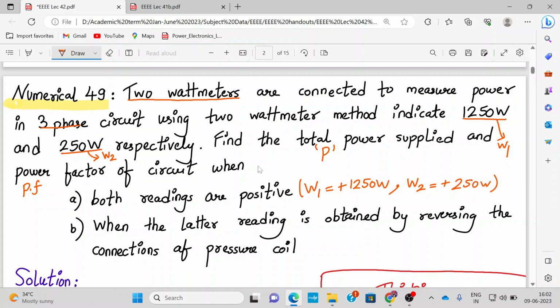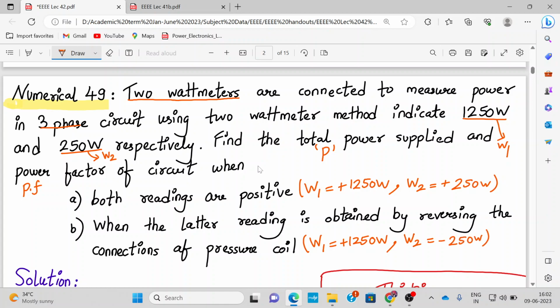So both the readings are positive. In the second case, they are saying that when the latter reading is obtained by reversing the connections of the pressure coil, that means W1 is 1250 watts, but W2 is reversed, so it is minus 250 watts.